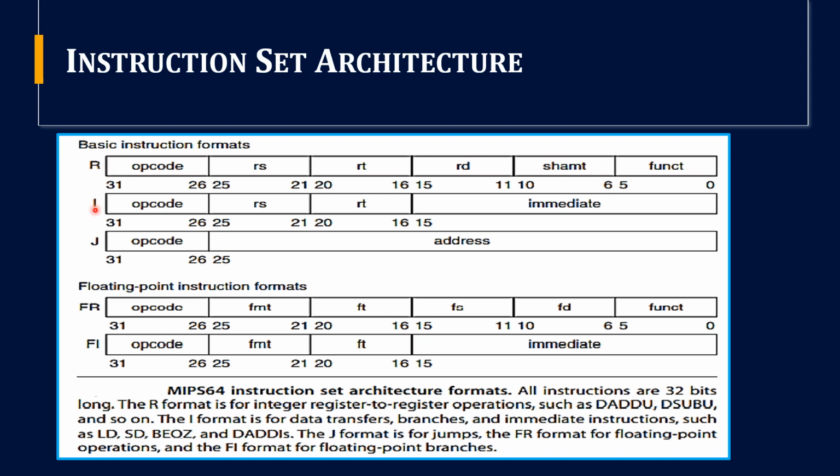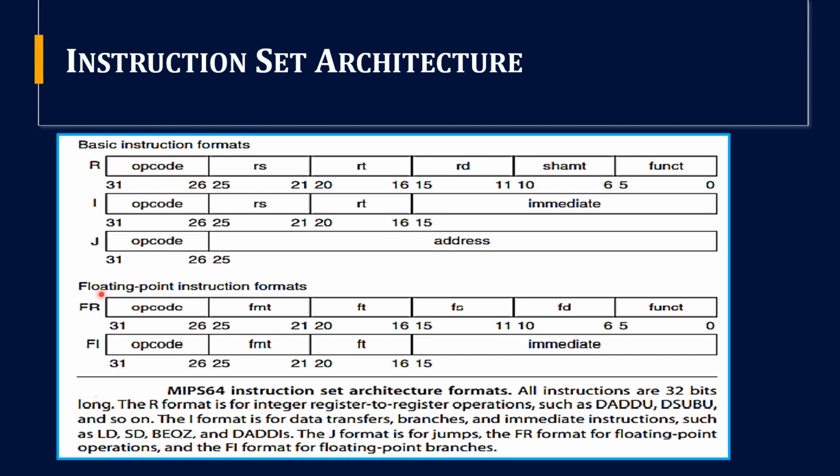Then this I format is for data transfers, branches and immediate instructions. This I stands for immediate. And this J format is for jump instructions. So these are the integer instruction formats.